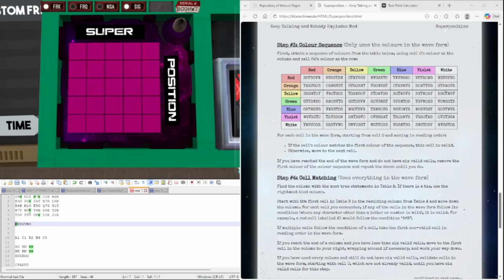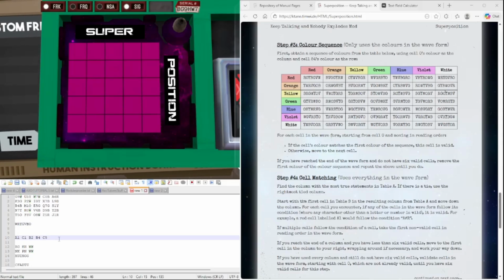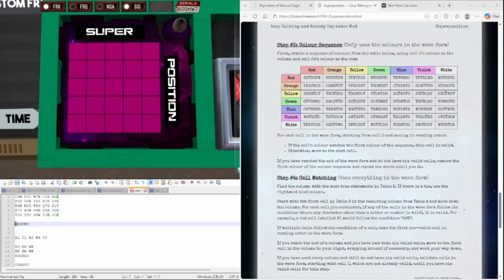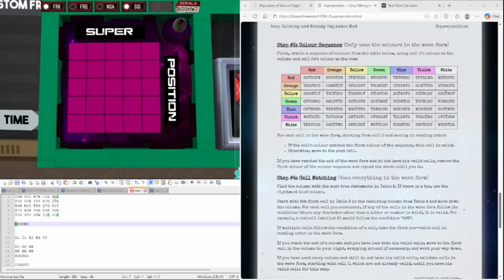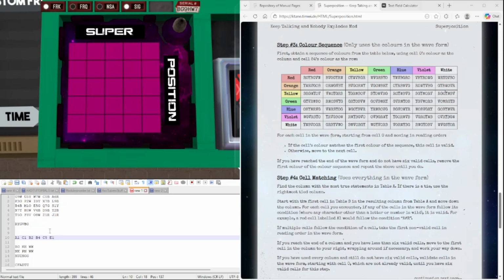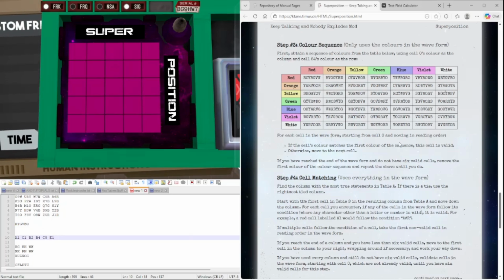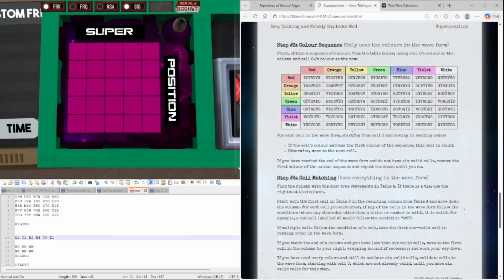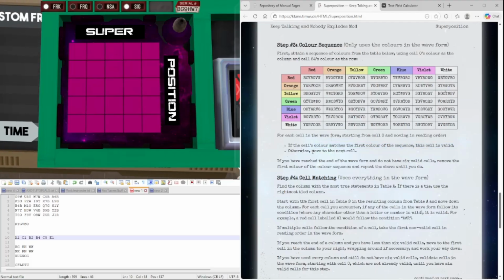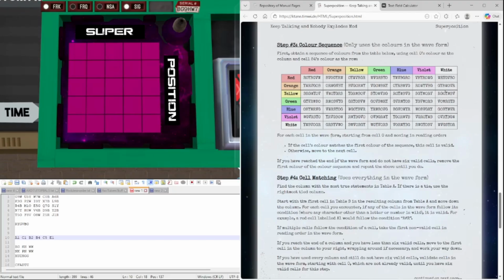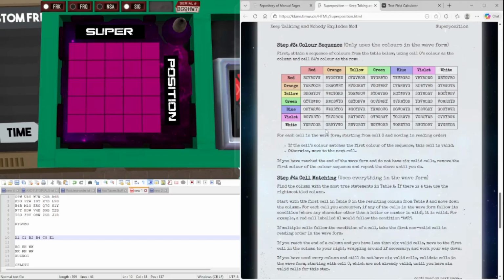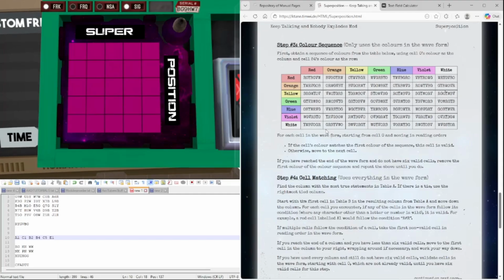A1, C1, B2, B4, C5, and then red, B, B, E1. This first column matches the first column in the sequence, so it is valid, otherwise move to the next cell. I think that's what it means.